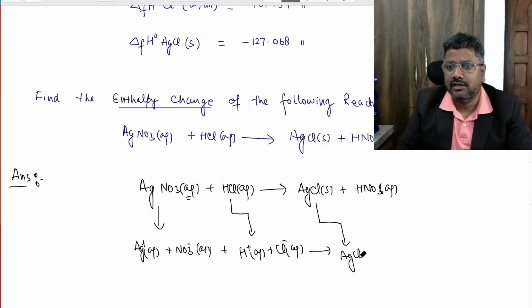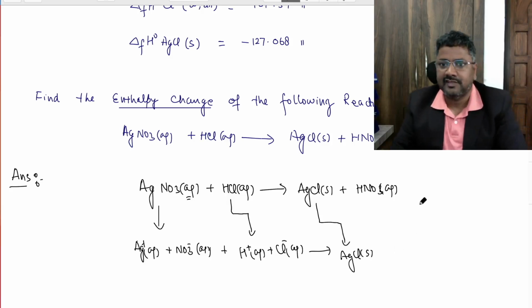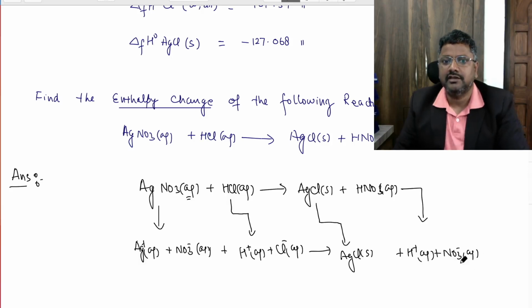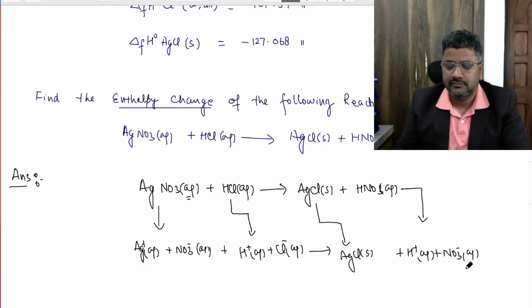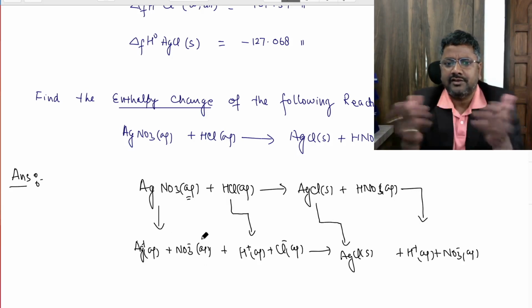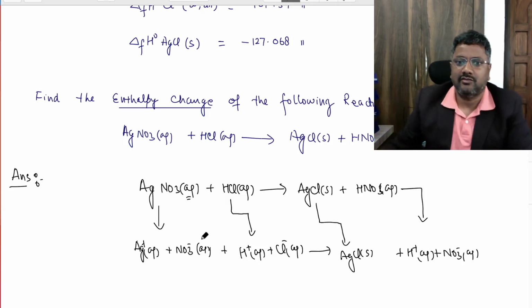There is no dissociation for this. And this HNO3 can be visualized like this: H plus aqueous plus NO3 minus aqueous, right? Clear? Okay. This is an ionic compound, so totally it will exist in this form. What we are assuming here is that it will be present in 100% ionic form, because it is present in a large excess amount of water.